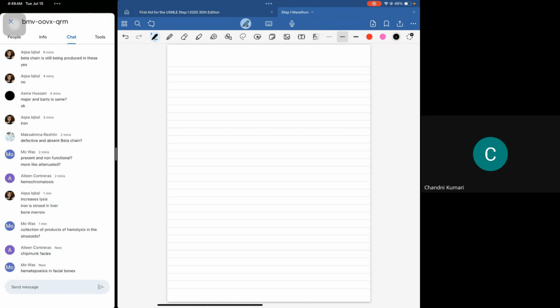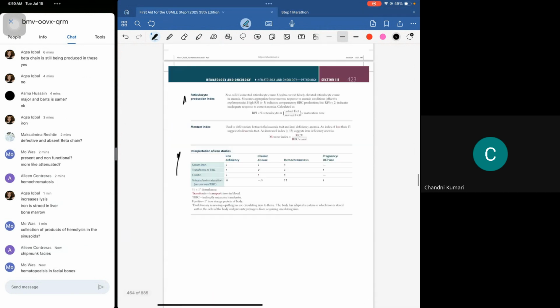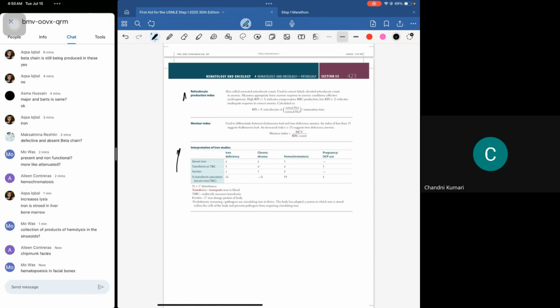Now, what are the lab values in thalassemia? What are going to be the lab values in alpha thalassemia and beta thalassemia? First of all, the iron levels are going to be reduced here as well, right?